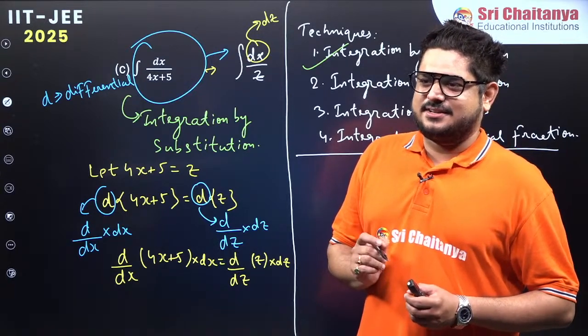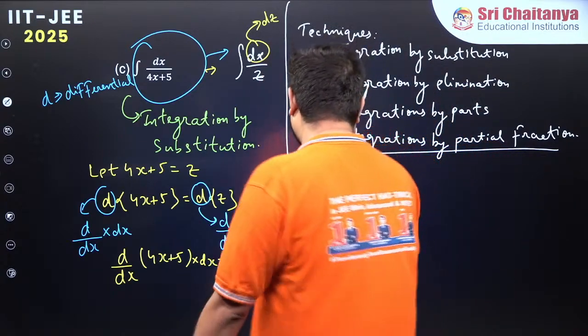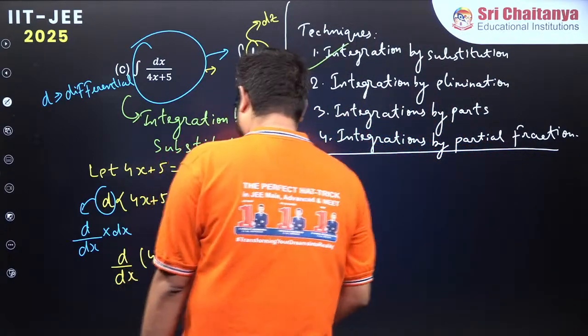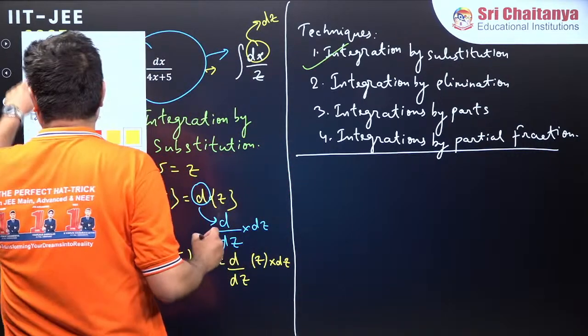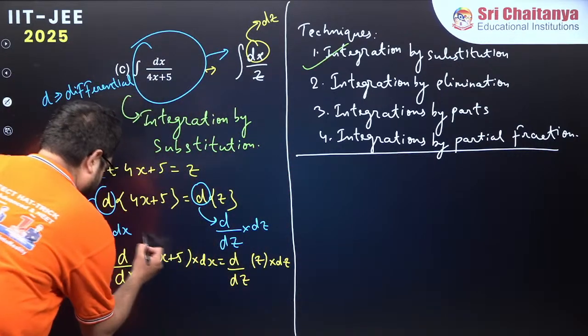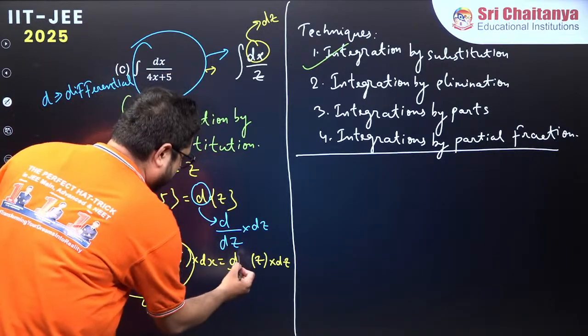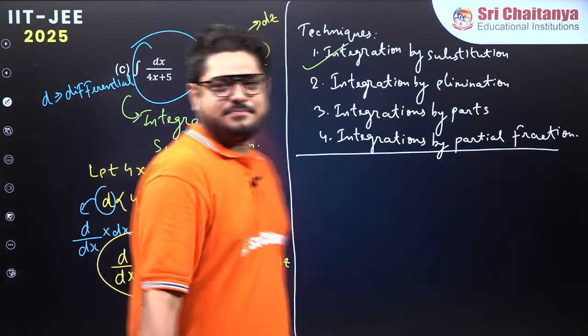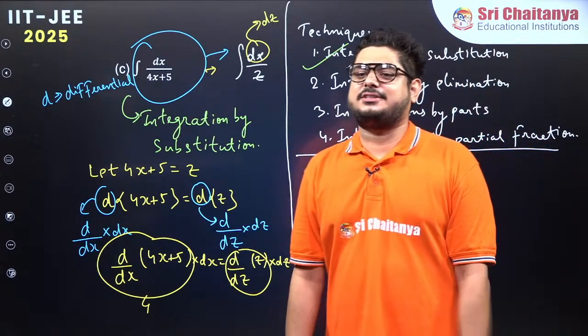Okay, great. So now as a result of that, I can write it down as 4. This entire term is going to be equivalent to 4. And what is going to be d by dz of z? Tell me, what is d by dz of z? Write down the answer over there in the chat box.